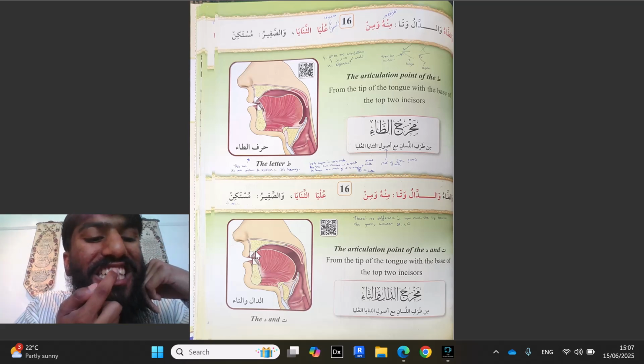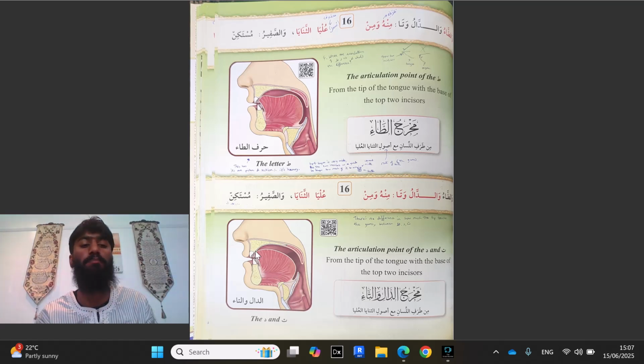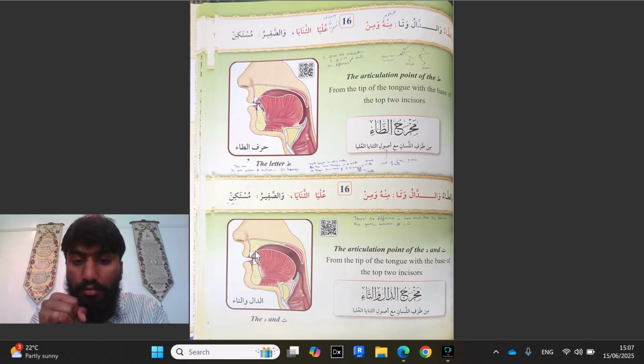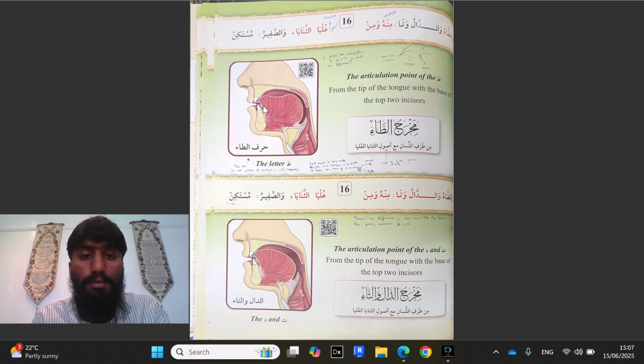It looks like this on the other side. That part here, where the gums meet the teeth, that's where your tongue needs to be. Okay, and the only difference is the curvature in the tongue for ta. Okay, notice also that ta has both the front and the back raised.